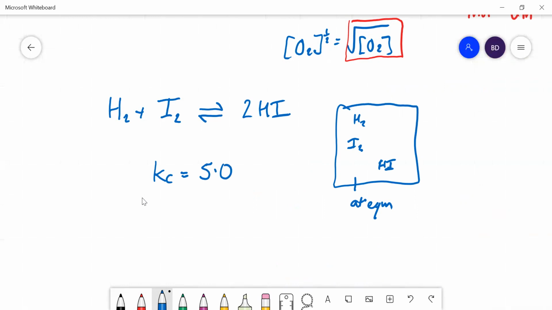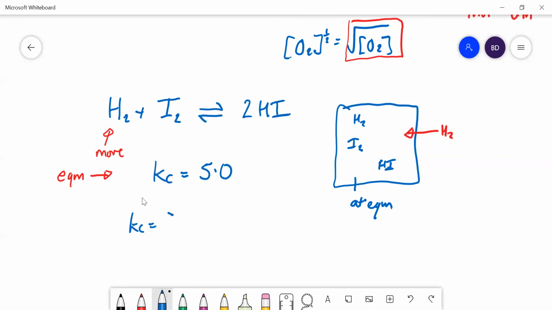So the Kc is always got to be the same number. Now, if you come along and you introduce a little bit more hydrogen in there, Le Chatelier will tell us that if you introduce more of that, it would try and undo the change. So the equilibrium position would move to the right to try and destroy the H2, doing the opposite of what you tried to do. Let's write down the expression for Kc there.